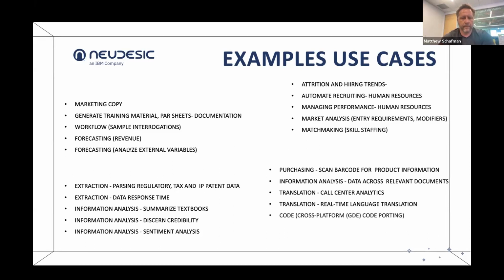And HR: a lot of these tools, like Teams and others, are starting to come out with AI capabilities that help you understand the sentiment of your team. Are they happy? Are they angry? Things like that, and being able to analyze some of that data.